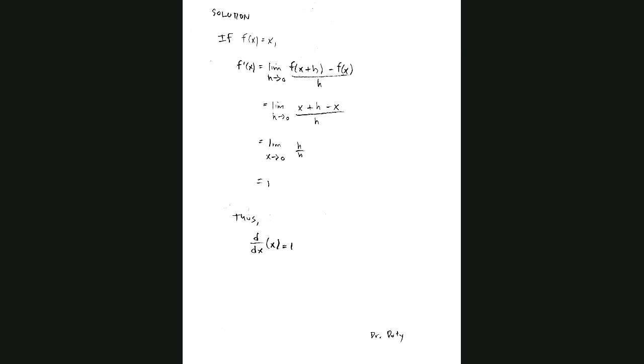If our function f of x equals x, f prime of x, of course, using the definition, is the limit of f of x plus h minus f of x over h. But our function here is x plus h. That's our function.